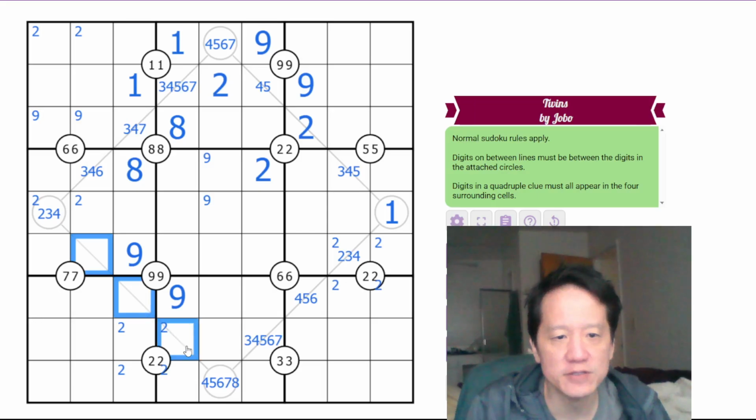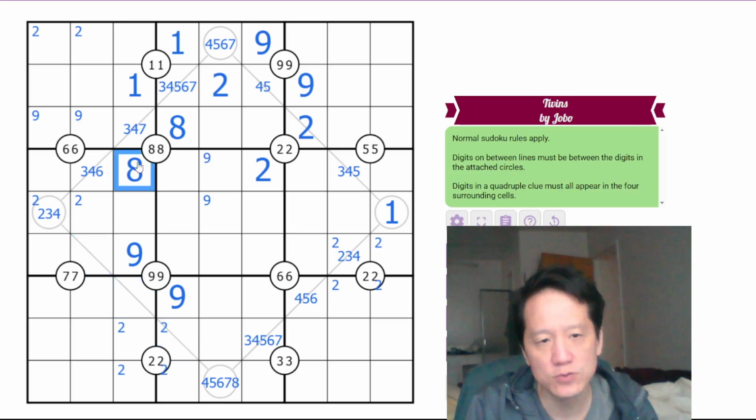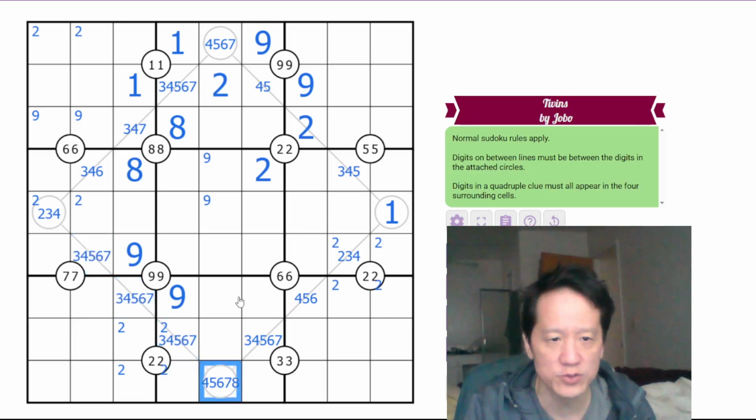What about these digits? What can these digits be? You can't have a 2. You can't have 8 or 9. So this must be 3, 4, 5, 6, 7, 8. These can't be 8. This can't be 8 actually either, because this is at most an 8. This is also smaller than this digit.